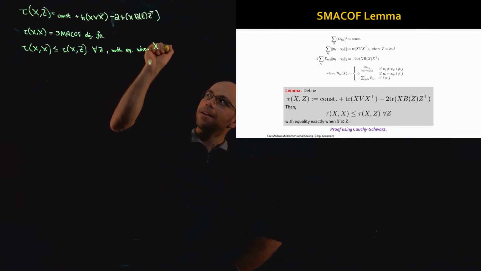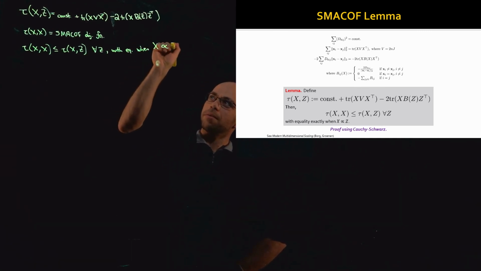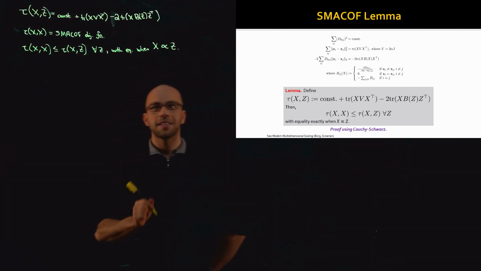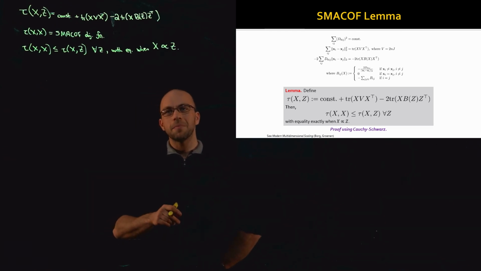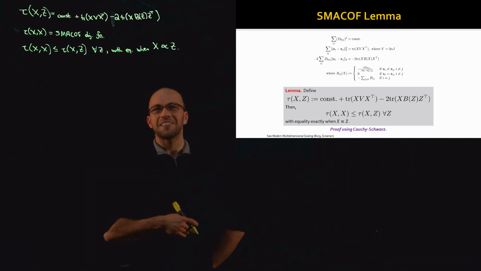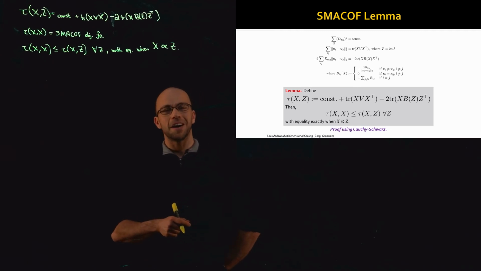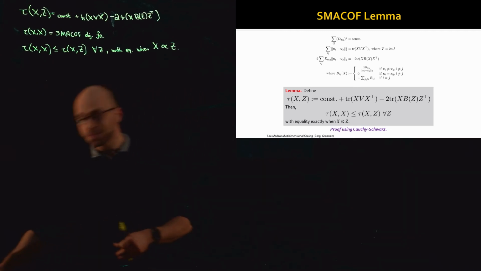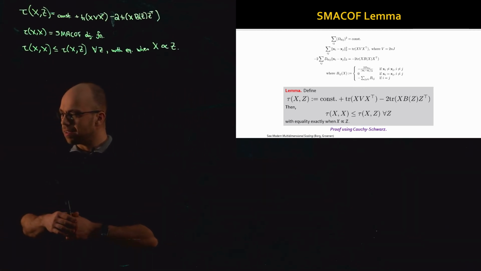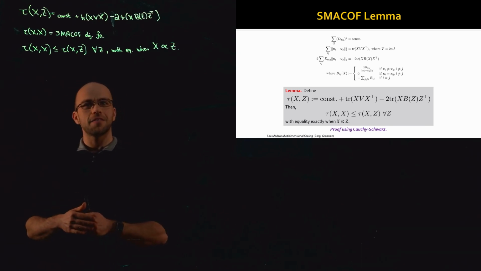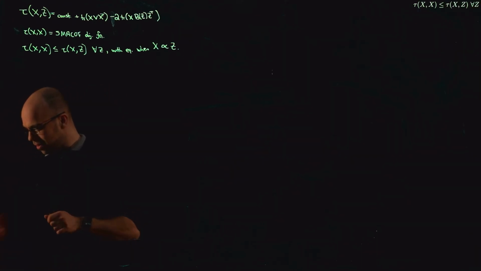So, parallel, like, one is a multiple of the other. All right, and so we're going to prove this lemma first, and then we're going to show how it leads us to a pretty easily implemented optimization algorithm. Okay, so let's go ahead and prove this lemma here.